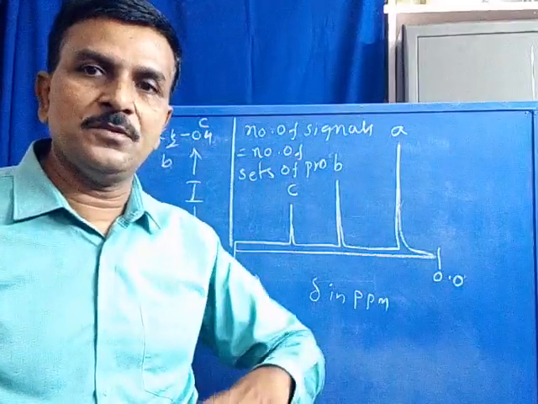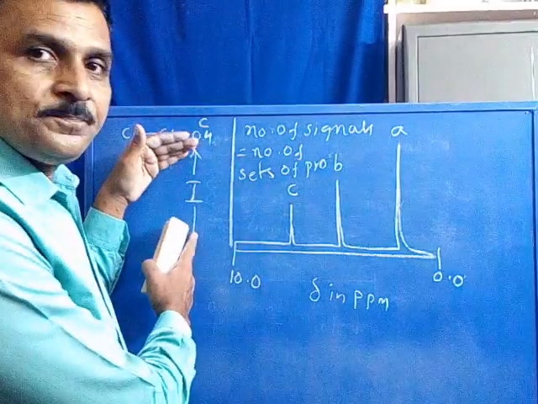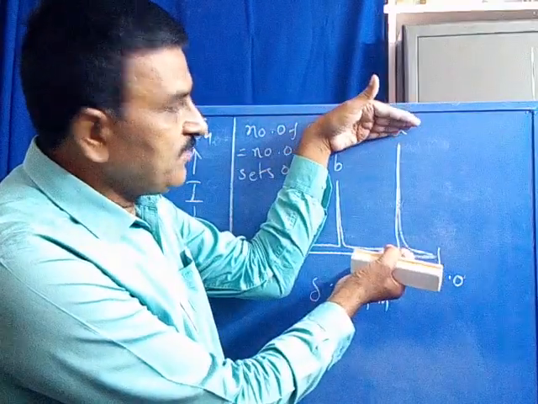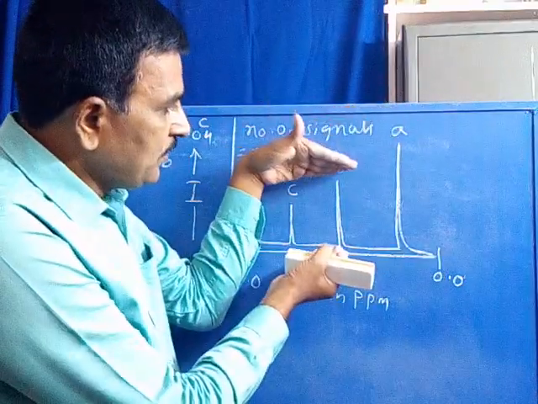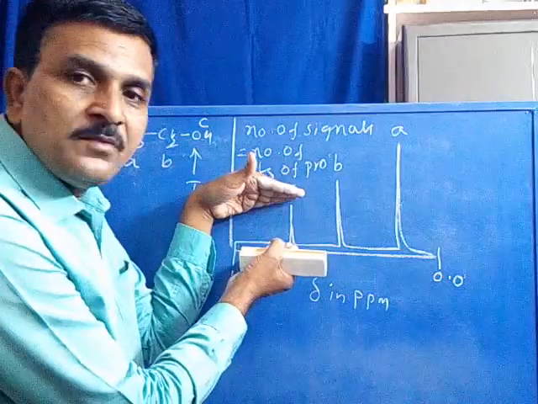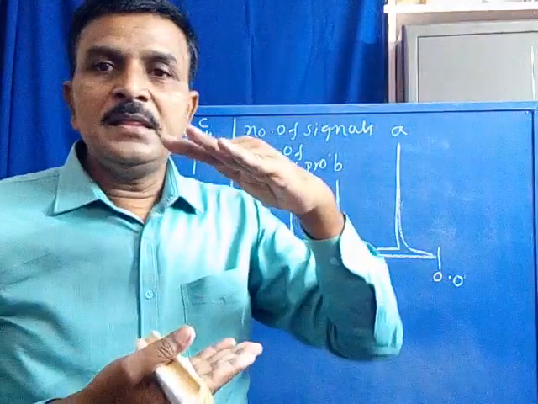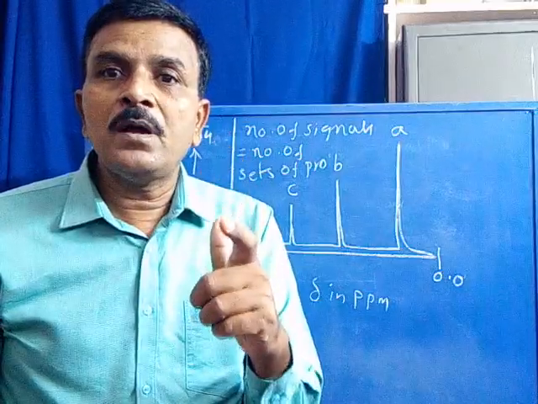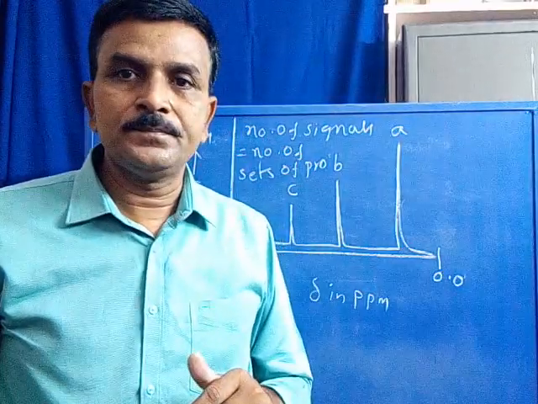Is it clear? Next, the intensity, that is the height of every signal. This is the CH3 proton signal, CH2 proton signal and OH proton signal. The height of each signal is related to the number of protons present in that set.